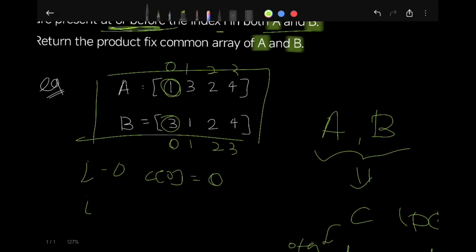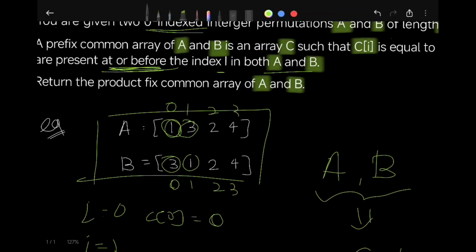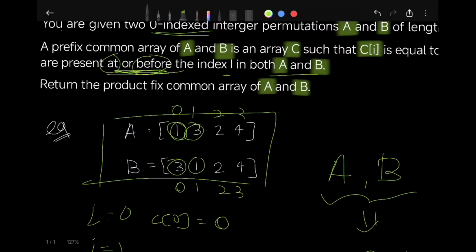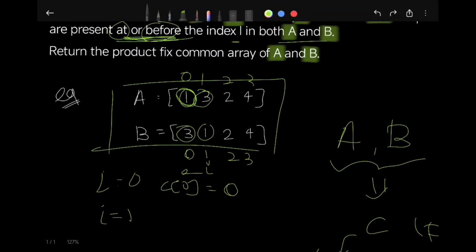Similarly, if we jump to i equals 1, at the first index in A we have 3 and in B we have 1. But here we are told at or before, which means we have to check at the ith index and before the ith index. So we have 1 at index 0 in A, and in B 1 is at i equals 1, so we have 1 as our common element.